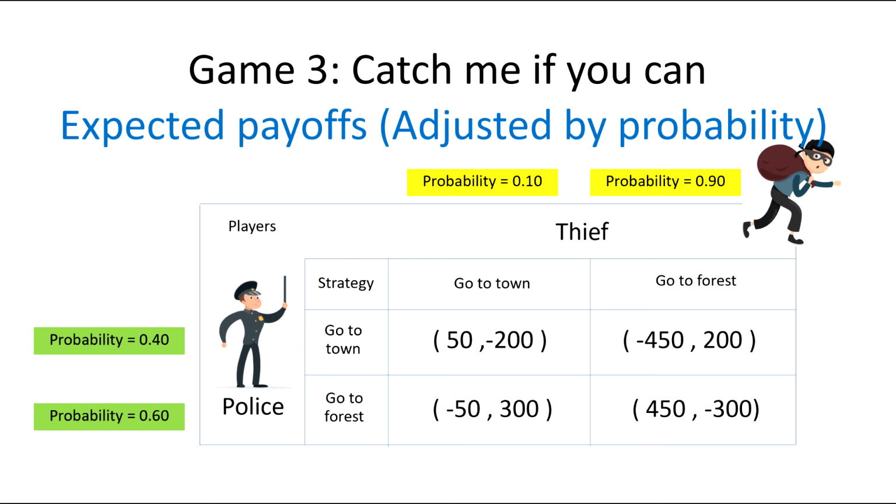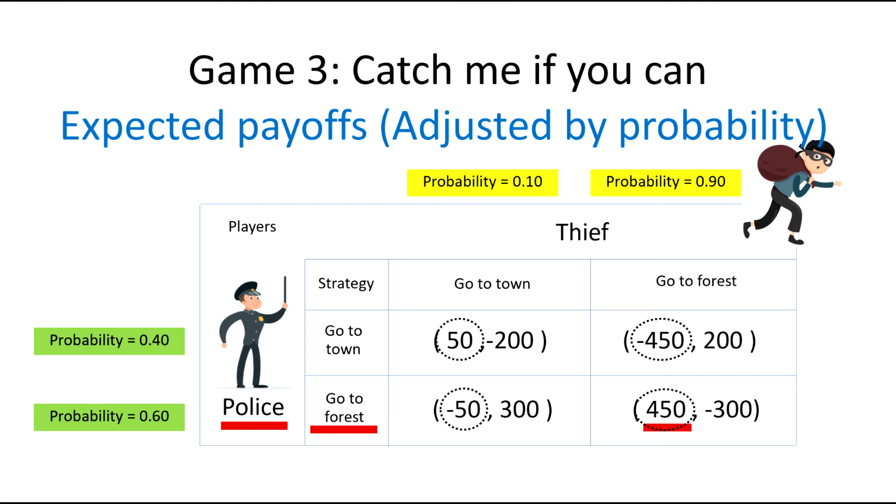Here, we write the expected payoffs, or the payoffs adjusted by the probability, instead of the original payoffs. And you see that the police will choose between minus 50 and 450. So what is the highest expected payoff? Of course, it is 450.